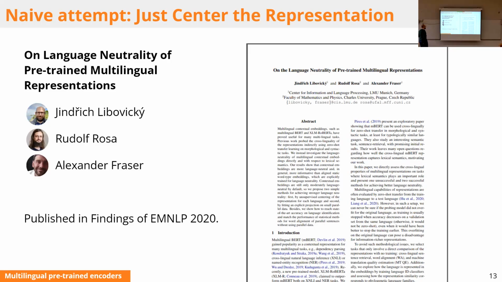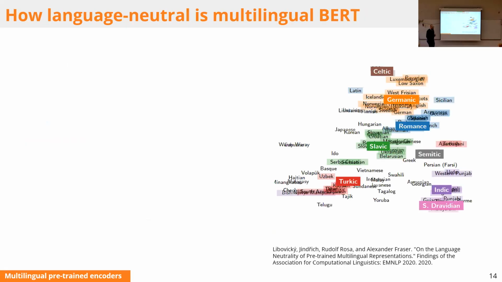And actually, this effort started already in 2020, when we had a first paper analyzing what new models like multilingual BERT and XLM-RoBERTa can do. It was in Findings of EMNLP 2020, and in that paper we showed some stuff that we thought was fascinating.